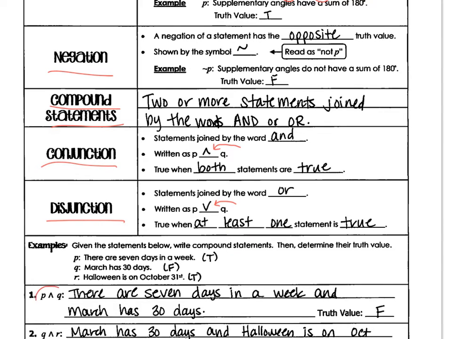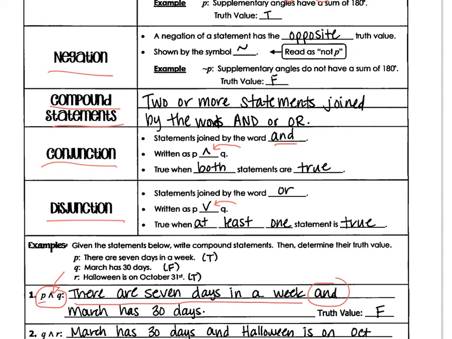So for number 1, I'm going to write a compound statement, and this symbol here tells me I'm going to write a conjunction by using the word and to join both statements. So P, there are 7 days in a week.